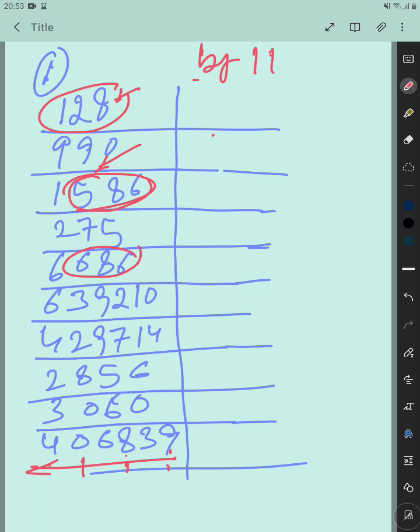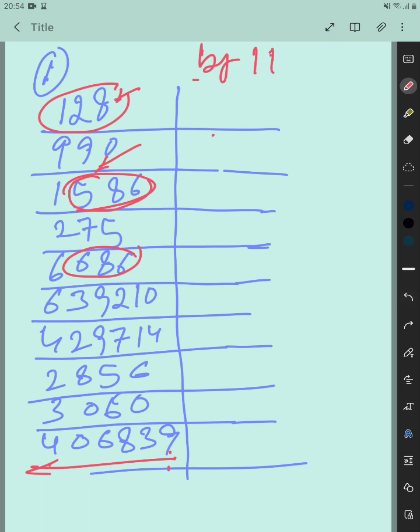Then the sum of the digits at the even places: the second place, the fourth place, and the sixth place. These even-place digits will be added, and then we find the difference. If the difference is 0 or 11, then the number will be divisible by 11.